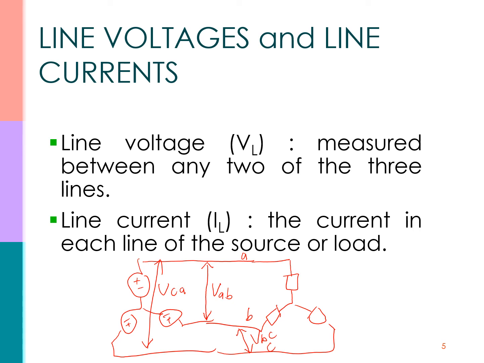So line current we measure throughout the line from source to load. This is what we call line current. So line current flows through wire A, IA. This is IB, and this is IC.